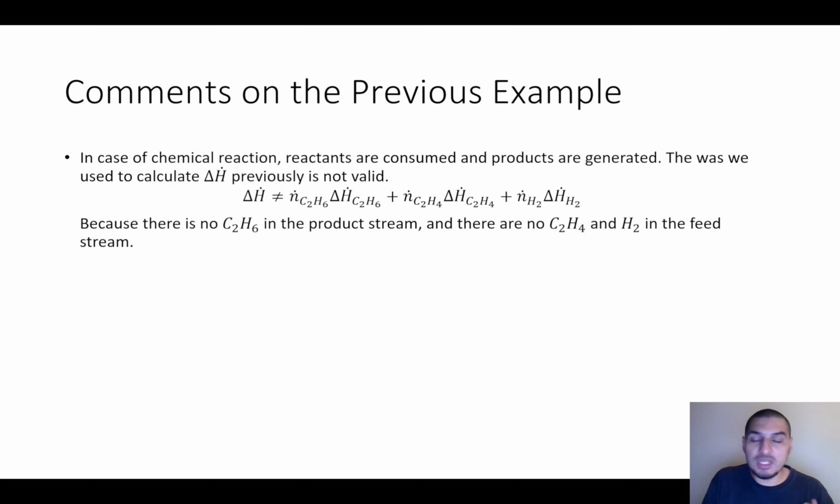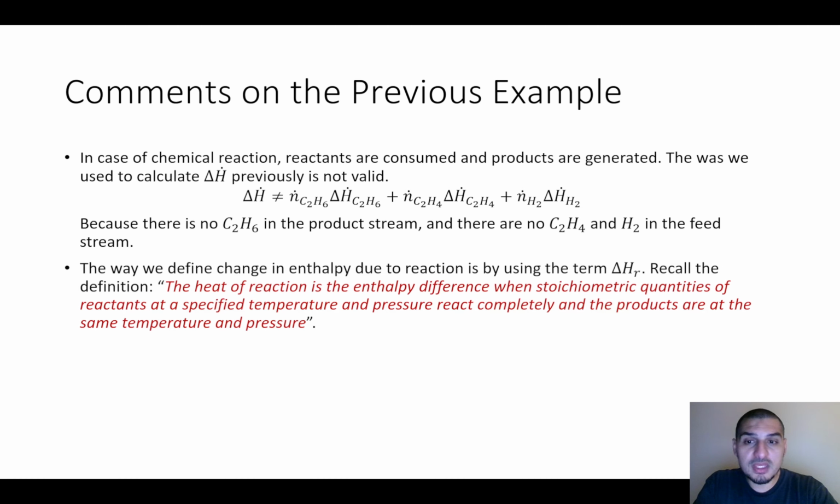The equations contain terms that are different. So this is the same thing here. We cannot use this equation anymore for reactive systems. So now comes the question: what is the equation that we use? The term that takes care of this is the heat of reaction.